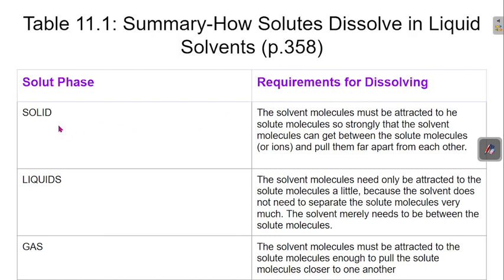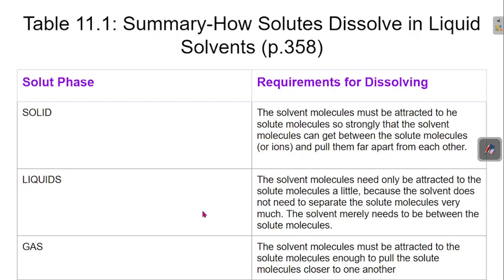If your solute is a solid, the solvent molecules must be attracted to the solute molecules so strongly that the solvent molecules can get between the solute molecules or ions and pull them far apart from each other. So remember that. The first step is always to break them apart. If you cannot do that, you cannot dissolve it.